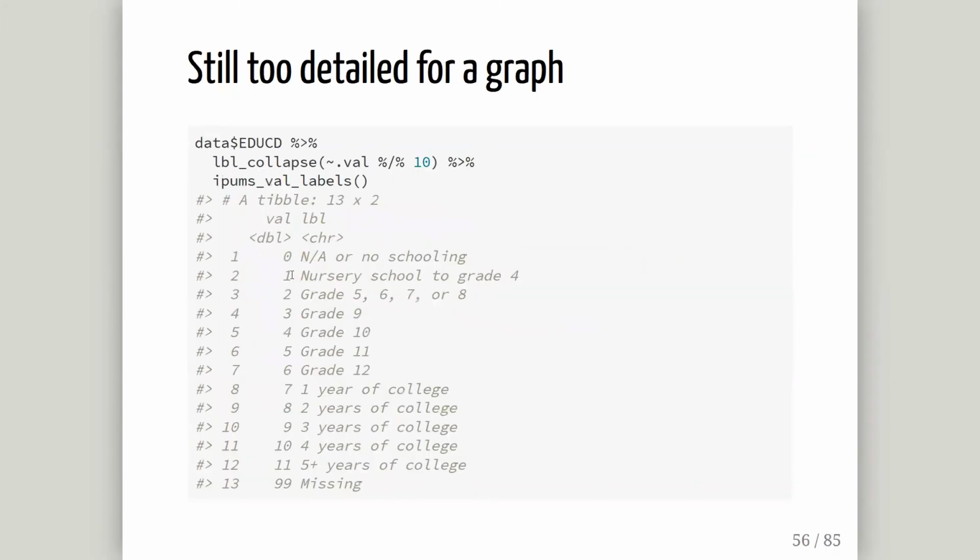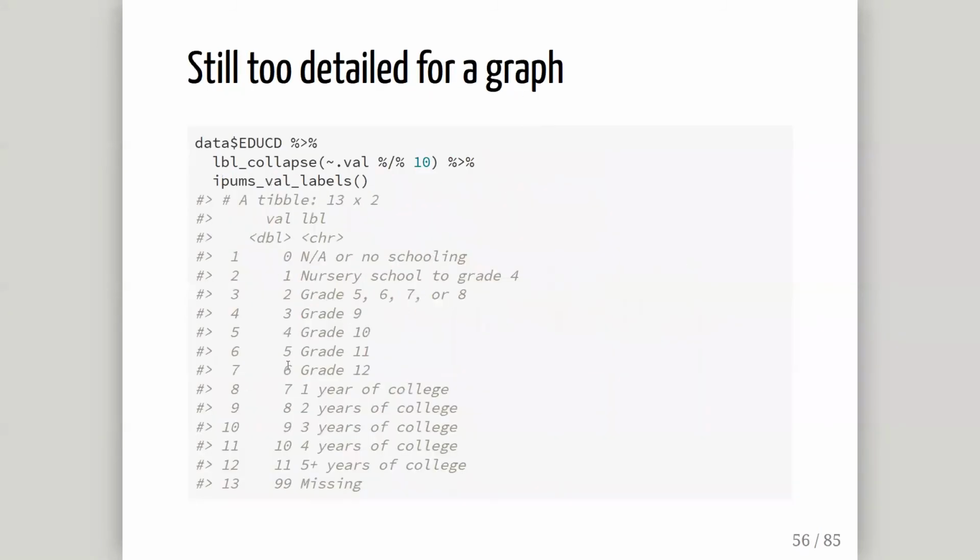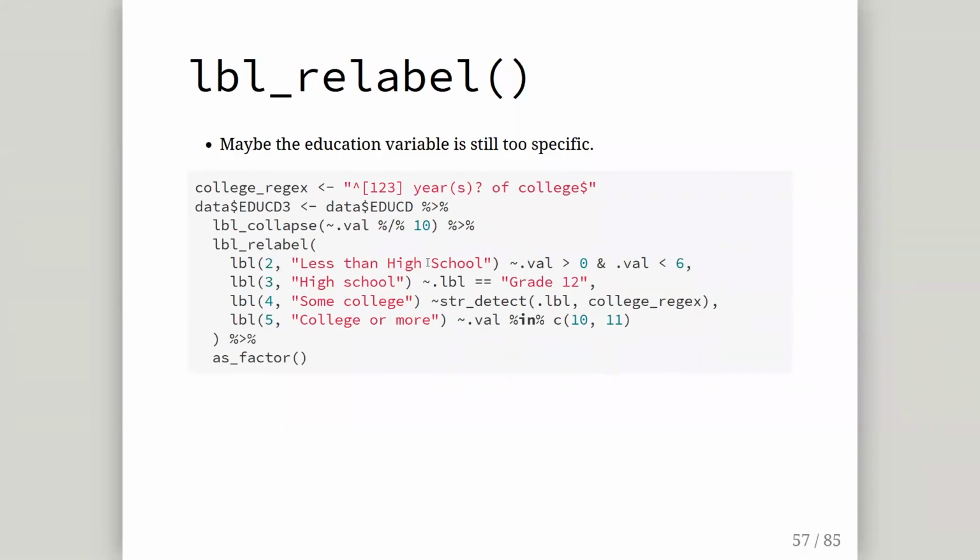So looking here at the input, greater than 0 and less than 6 is values 1 through 5, and all of those are going to go to less than high school, because value 6 is grade 12, which would mean that somebody probably graduated from high school. So that's how you'd read that.